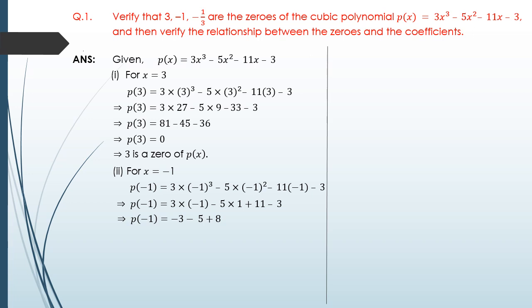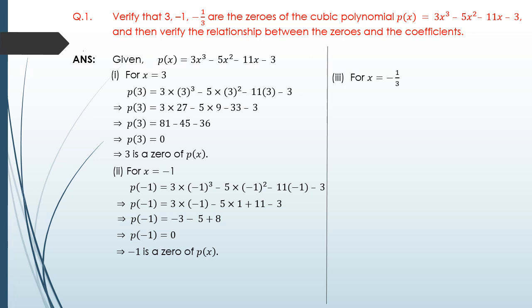Again doing these calculations, we'll get p(-1) = -3 - 5 + 8, which will give us 0. So the value of the given polynomial at x = -1 is 0. It means that -1 is also a zero of the given cubic polynomial, right?